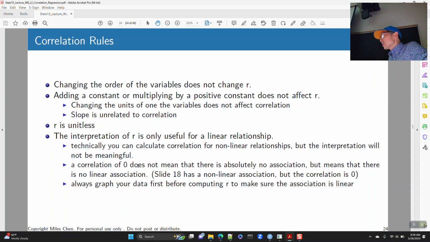Correlation is just the result of a formula, and so you can throw data that is nonlinear into the formula and it spits out a number. But that number doesn't have a very meaningful interpretation if it's not a linear relationship.